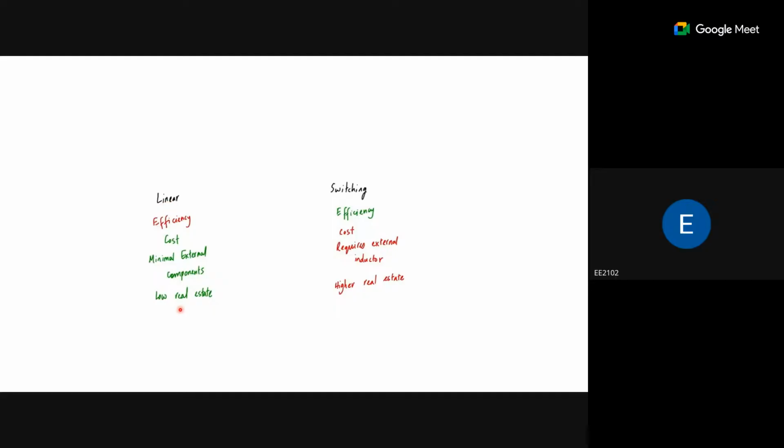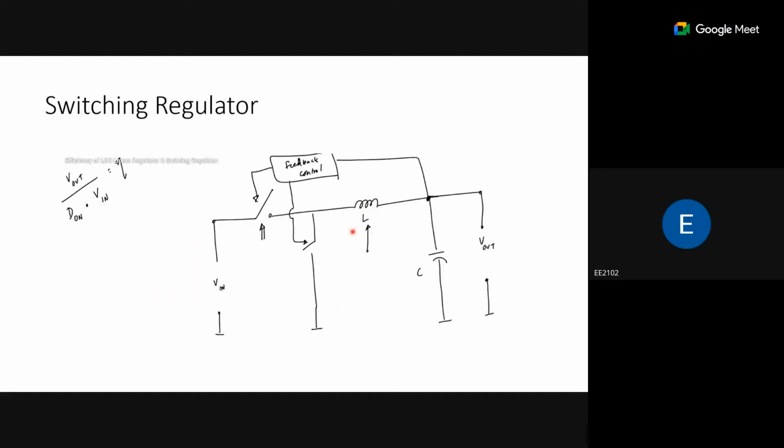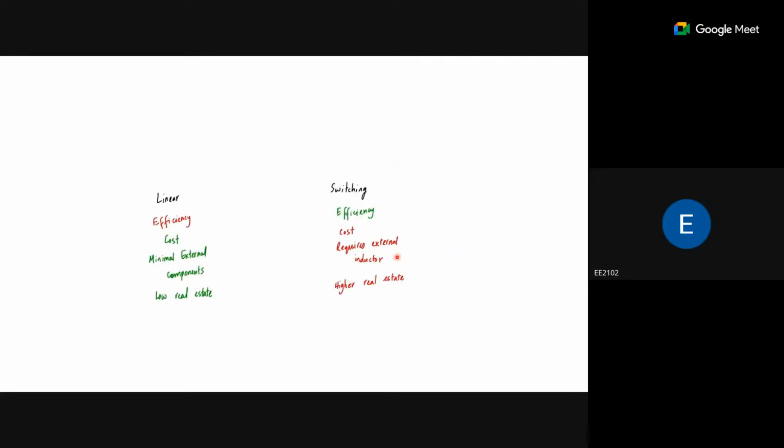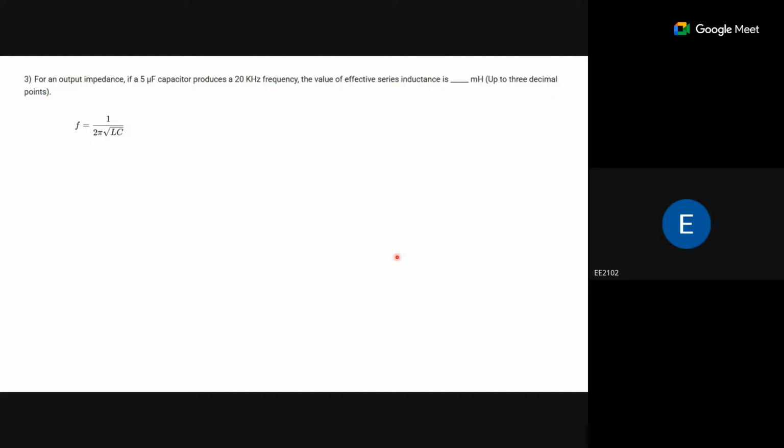Similarly, in applications, linear regulators in real estate we can easily use, because inductors are used in the switching regulator, it costs more. So let's do some questions, whatever I just talked about in the background.